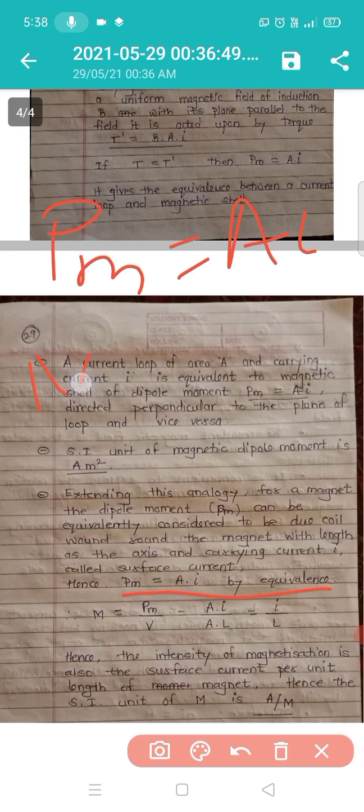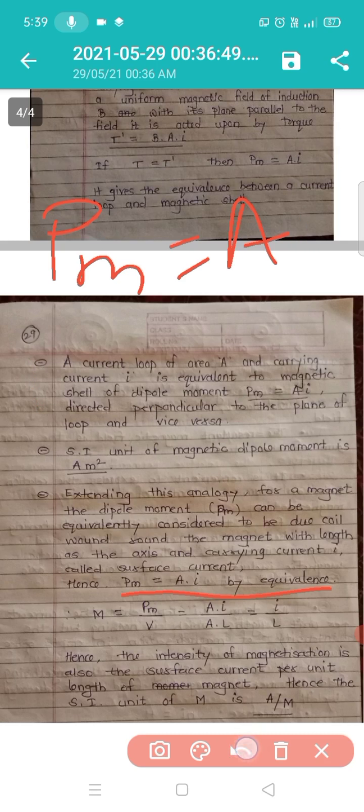Hence, M is equal to Pm by V. Put the value of Pm as A into I upon A into L. A gets cancelled, we get M is equal to I upon L. Hence, the intensity of magnetization is also the surface current per unit length of the magnet. Hence, the SI unit is ampere per meter.